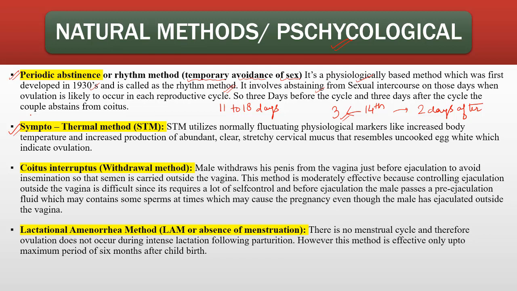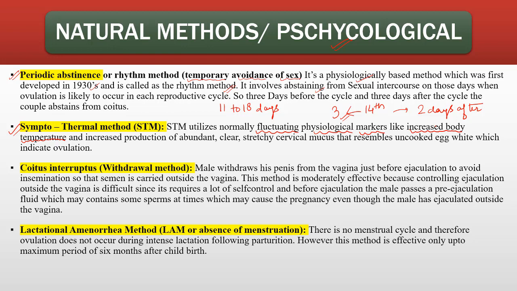So the symptothermal method utilizes normal fluctuating physiological markers, like increased body temperature because of increased levels of hormones, basically denoted as the LH surge.